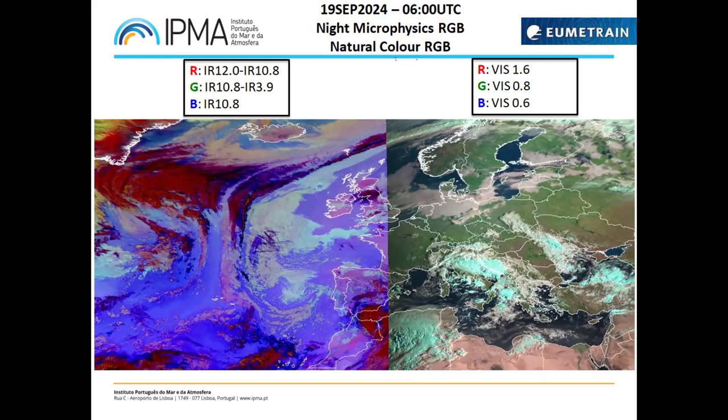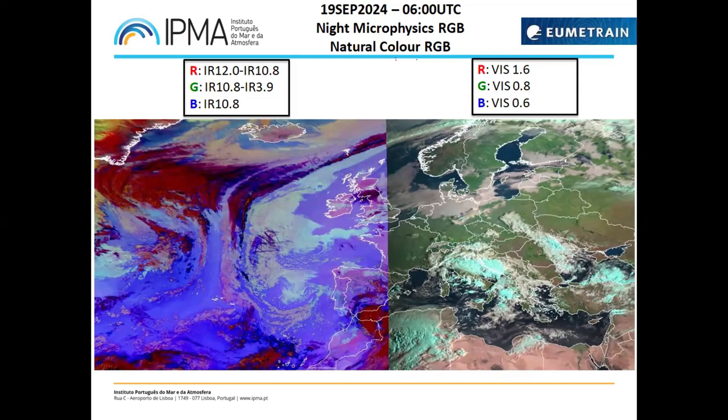With the natural color RGB on the right side, you can see the thick water clouds are whitish, but the thinner water clouds have more of a reddish tone. We can see the thinner low level clouds over the sea, in the North Sea, parts of Germany, Denmark, Baltic countries.